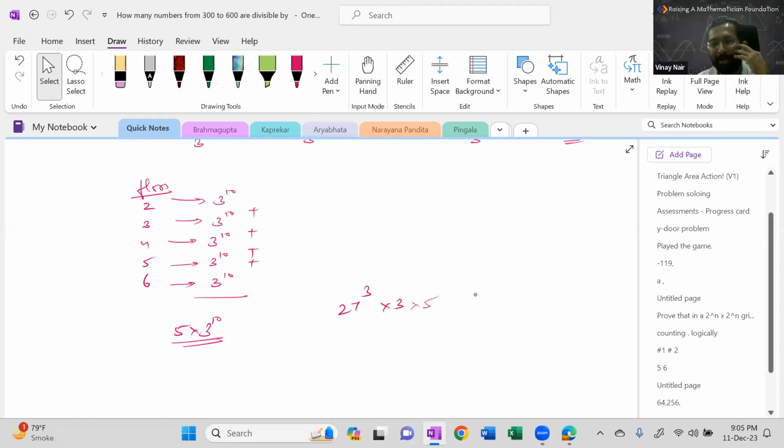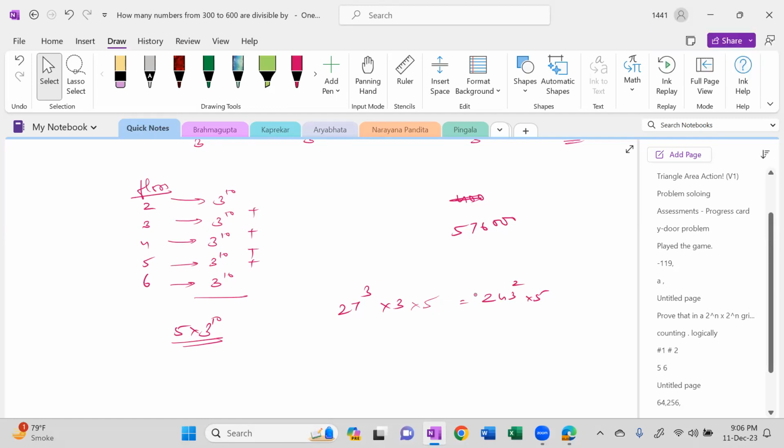This is definitely 243 square times 5. 243 square will be somewhere around 57 thousand, a little over. So the whole value will come around 80 lakhs. Now divide 80 lakhs by 365.